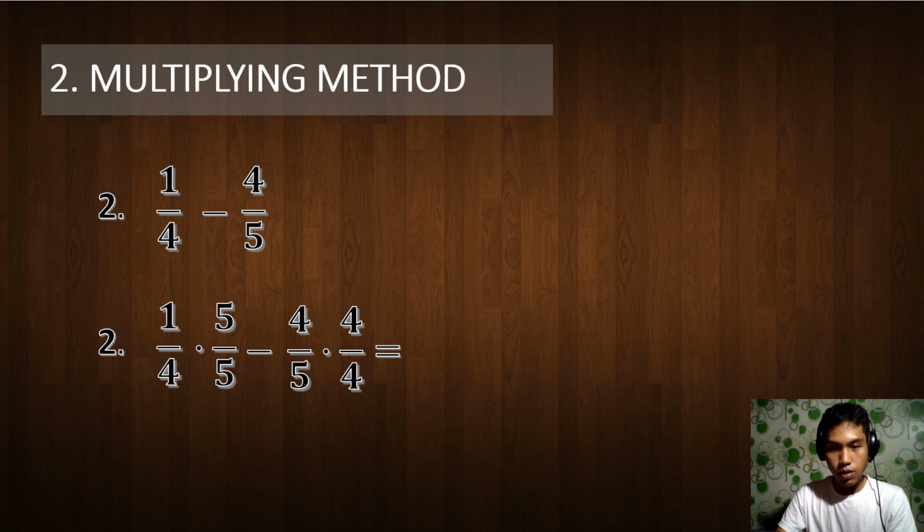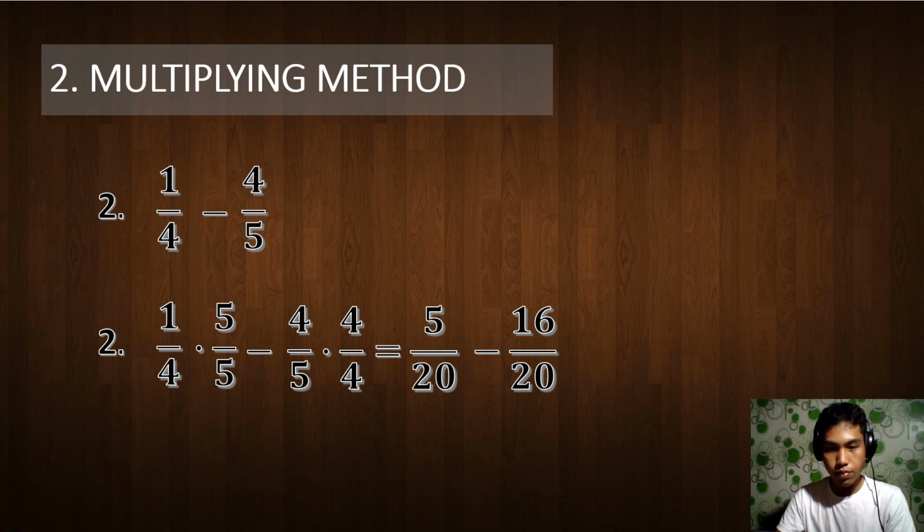Then simplifying that, that would be 5 over 20, because 1 times 5 is equal to 5, 4 times 5 is equal to 20. And minus, copy the operation, we have 4 times 4, that would be 16, 5 times 4, that would be 20. Then again, perform the operation on the numerator. So we have 5 minus 16, that would be negative 11. Copy the common denominator. Okay.